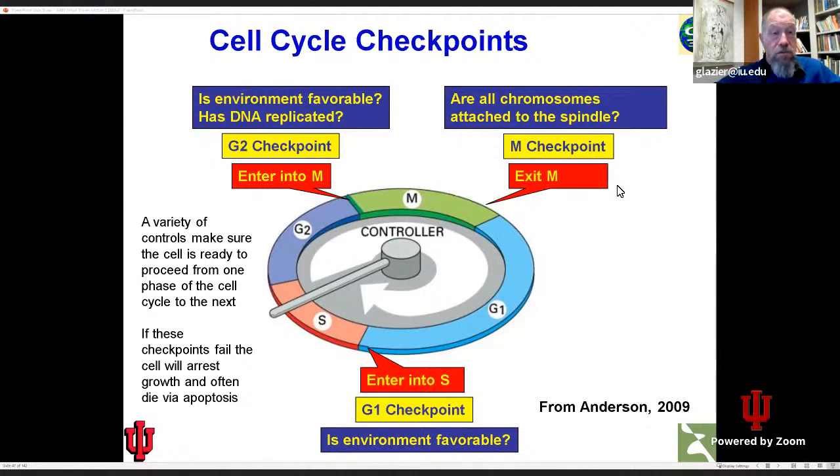And so all of these different phases, and there are many in cell cycle, have what are called checkpoints, which determine whether the cell can proceed from one phase to another. And the molecular basis of these checkpoints is complicated. They're all different.